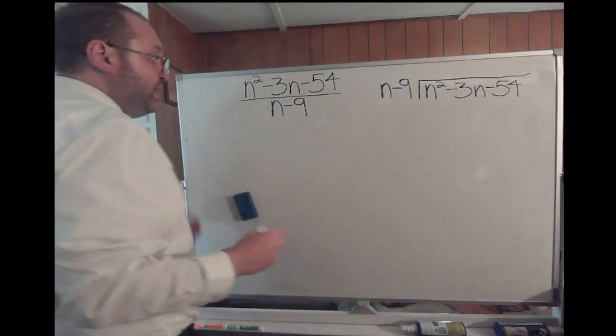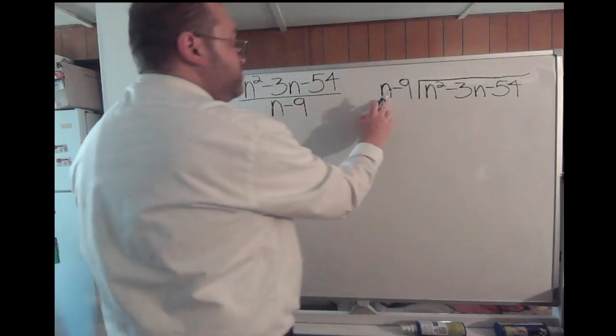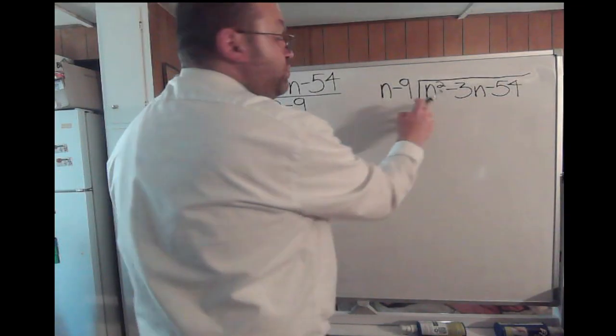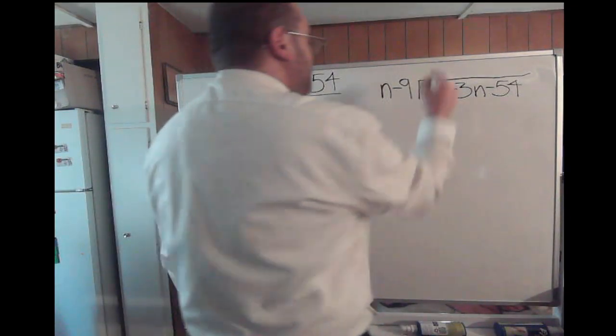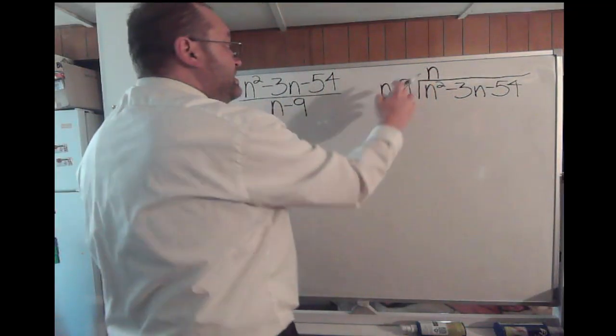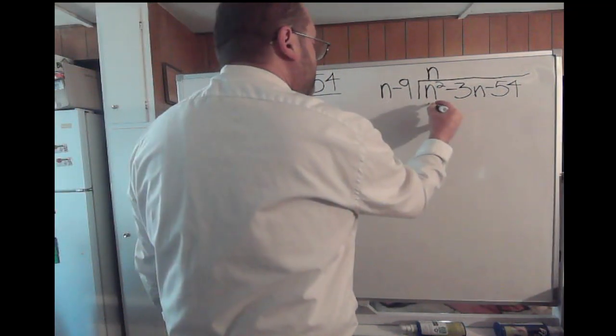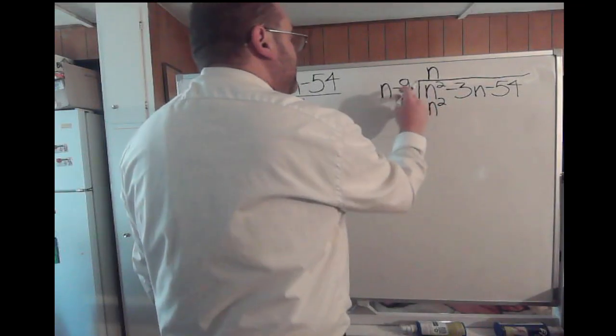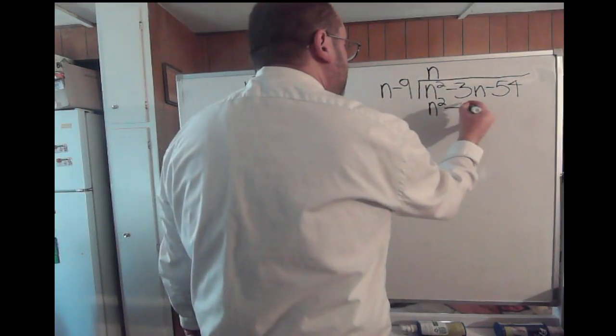Okay? Now ignore that negative 9 for a minute, just focus on the n. N times what equals n squared? That'd be n. Now take that n in the quotient, n times n is n squared. Then n times negative 9, well, that's negative 9n.